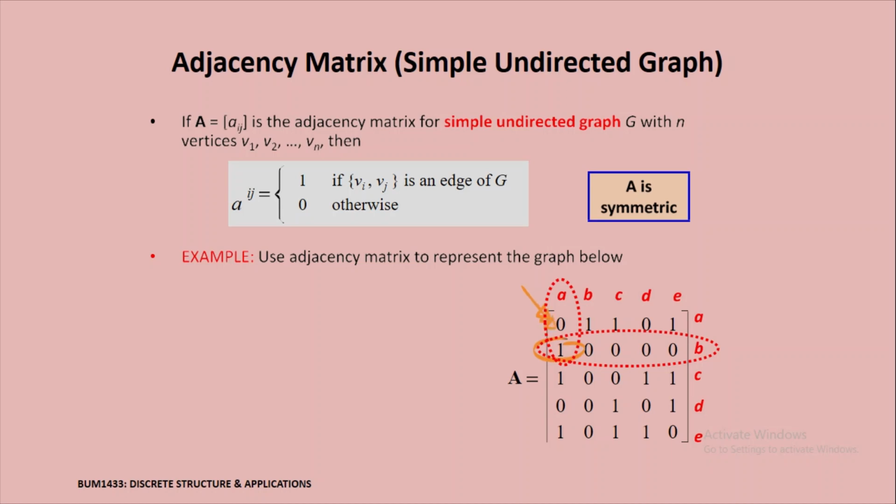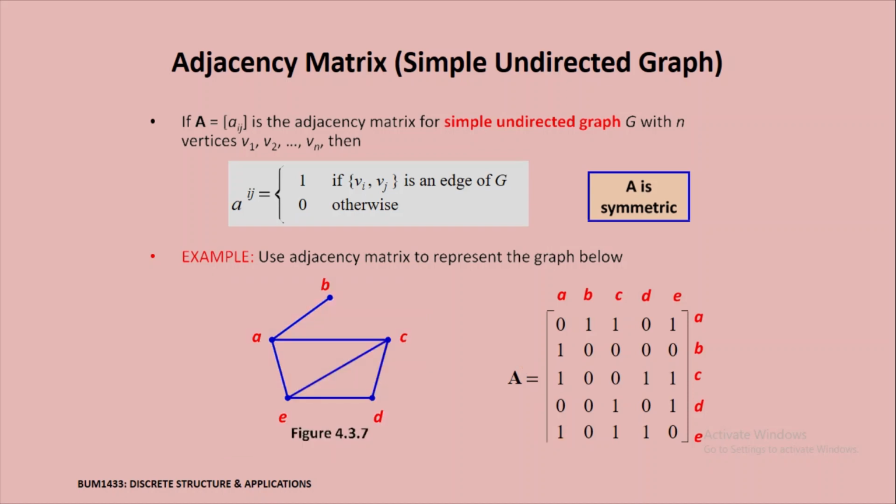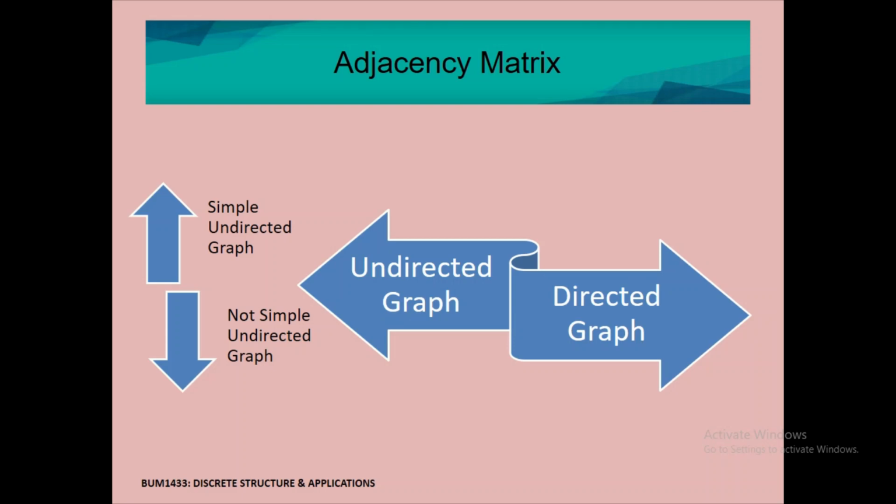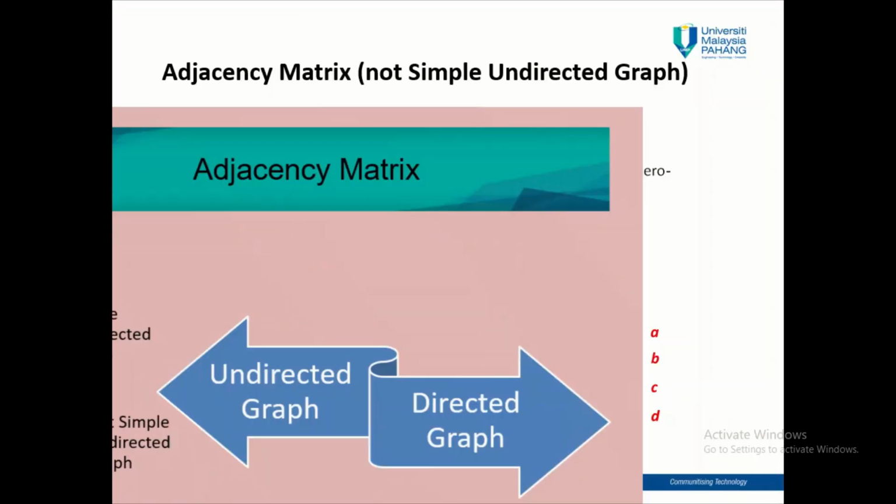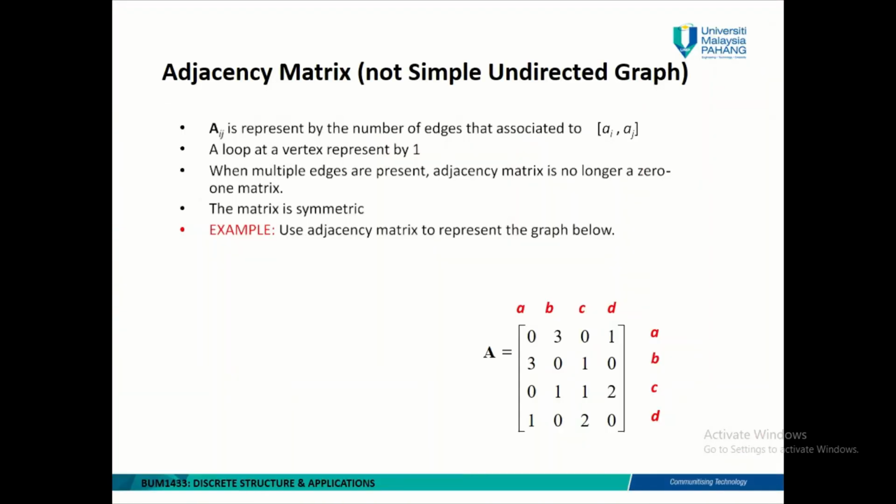The second one is B to A. That means B is adjacent to A since the value is 1. So we draw the edge B to A and C to A. D to A has no edge. E to A, we have adjacency there. So we get the final answer as here.